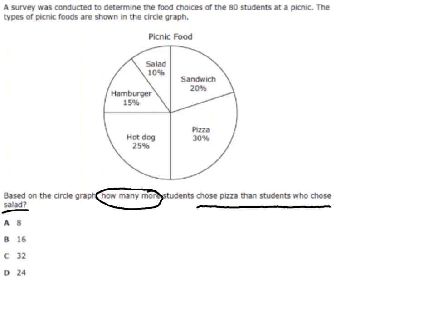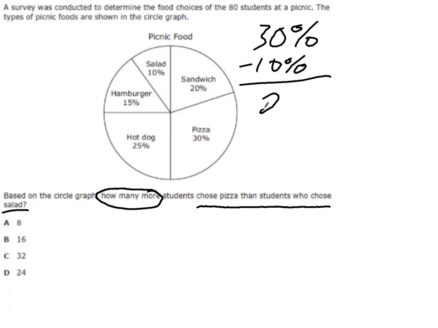But there's a simpler method. Because both of these are in percent, both the pizza and the salad, we can just find the difference in percent. Convert that to a decimal, and we're going to take 0.2, multiply against 80, because we're looking for the number of students.